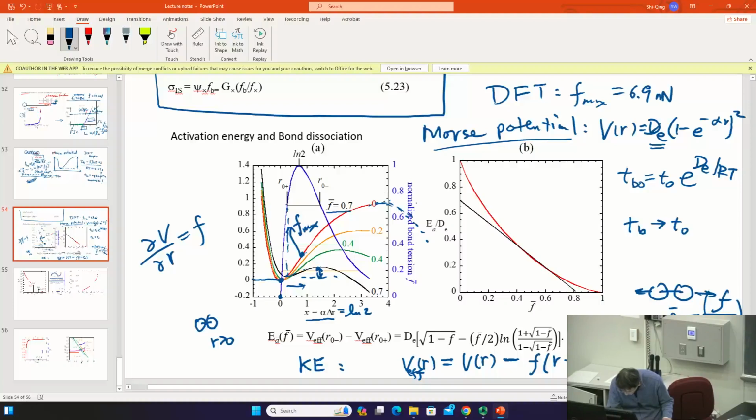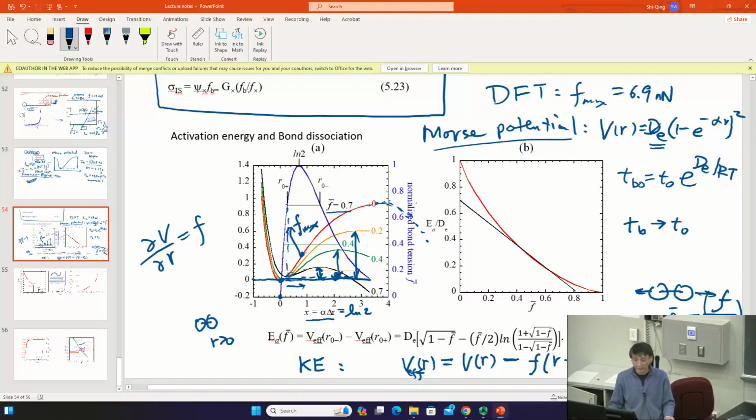Similarly, for 40%, the barrier height will be this much. If I only had 20% of the maximum force, my barrier height will be that of orange, this much.